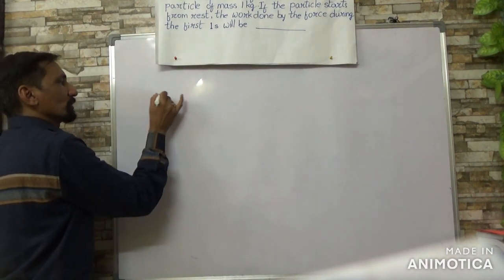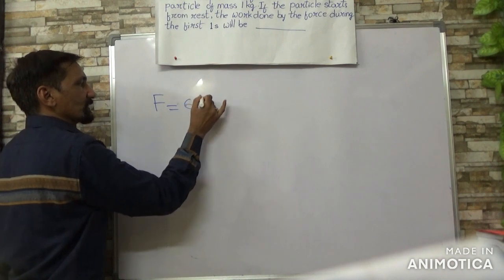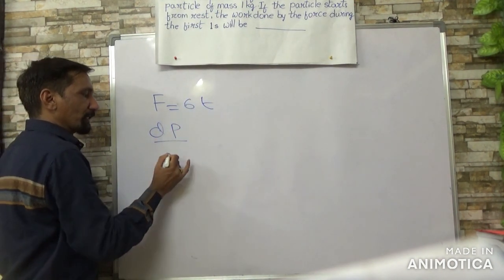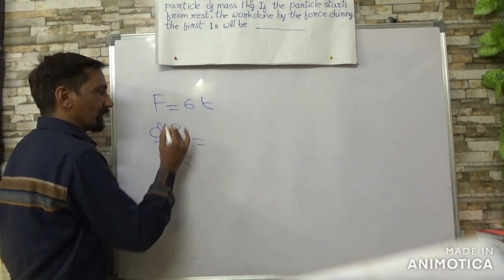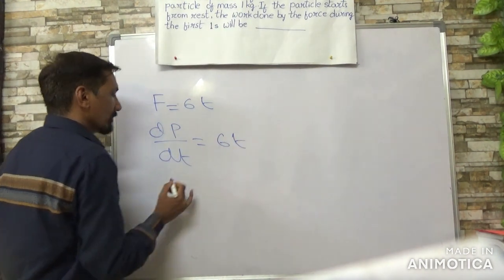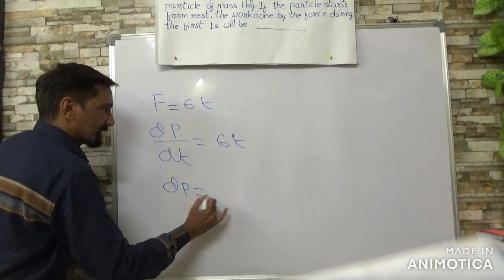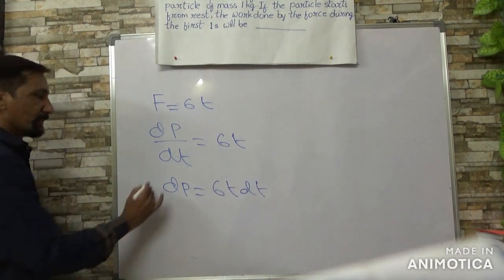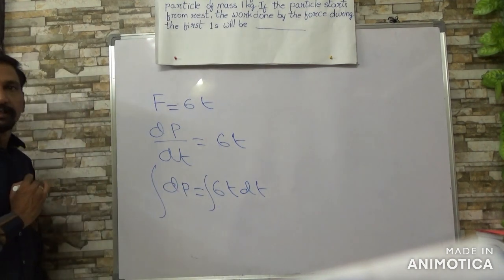Now, force is equal to 6t. Differentiating momentum, you get force, so dp is equal to 6t dt. Integrate it on both the sides.